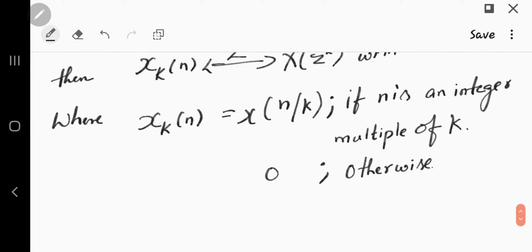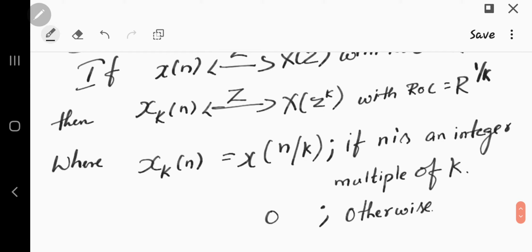Now to understand this relation, x_k of n is very important here. So in other words, we can write this as x of n by k. If you perform z transform for this, you will get x of z^k.